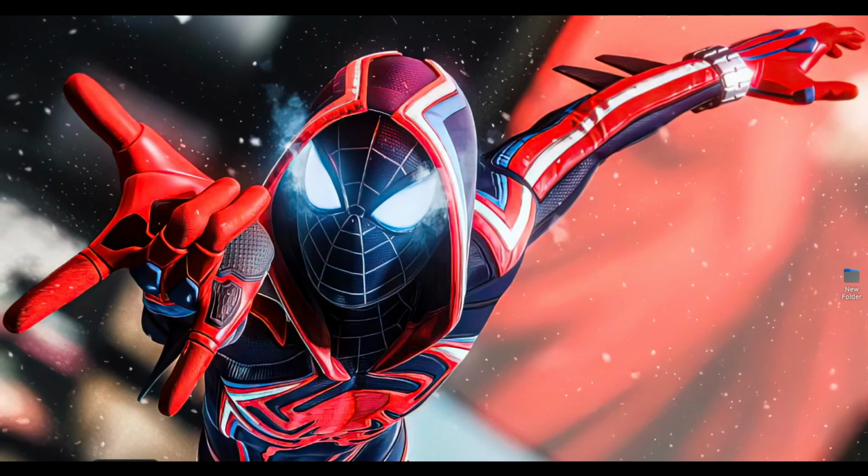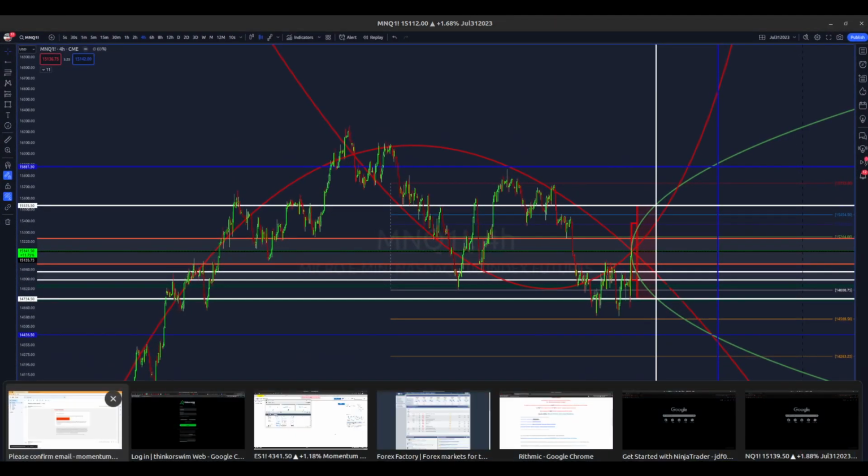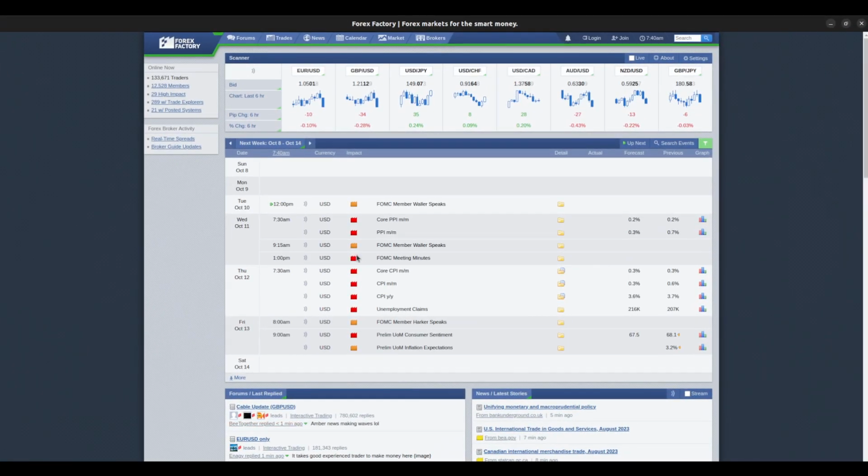Sorry about my Spider-Man background, but what I want to get to is this. All right, so coming up in the news next week, I think Monday is a holiday. We have Columbus Day, a federal holiday. Markets will still be open, but there are no news events for Monday.